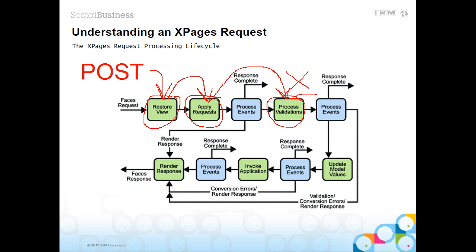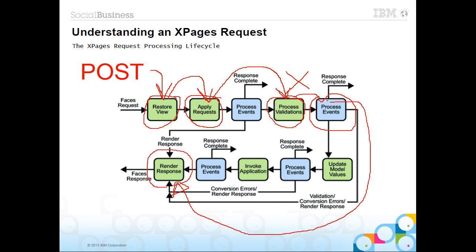So during the process events pseudo phase, the required validator that has just failed on the name field has queued an error message for subsequent use, and therefore the process events pseudo phase stops any further application phase execution and instead fails over directly into the render response phase.